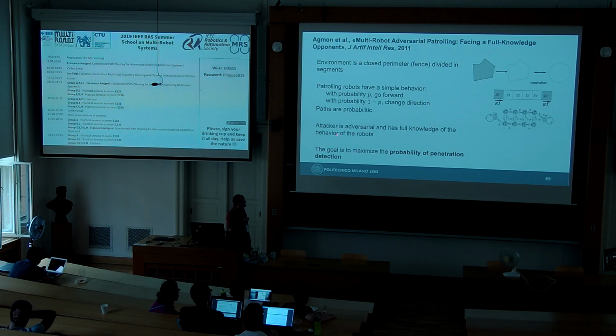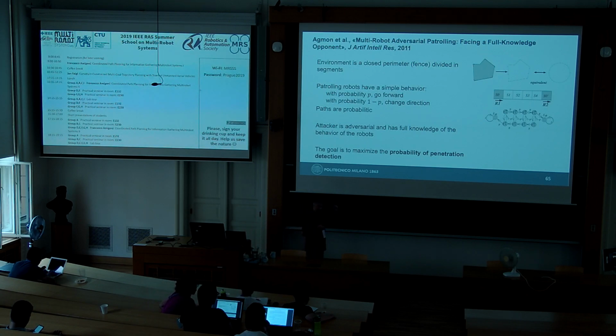The attacker is adversarial, and it is assumed to have full knowledge of the behavior of the robot. And this is the typical worst case assumption. So we assume that the attacker has observed my robot for such a long time that it knows the probability P with which they change direction. So this is tricky. The attacker knows the strategy of my robot, but of course, the strategies of the robot being probabilistic, the attacker does not know the realization of these strategies.